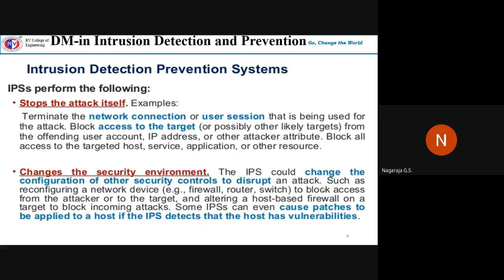An intrusion prevention system performs the following activities. Basically, it stops the attacks itself. To do that, it terminates the network connection or user session that is being used for the attack, or blocks access to the target from the offending user account, IP address, or other attacker attribute, or blocks all access to the targeted host, service, application, or other resource.